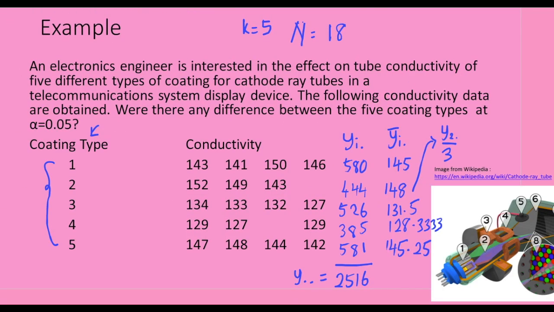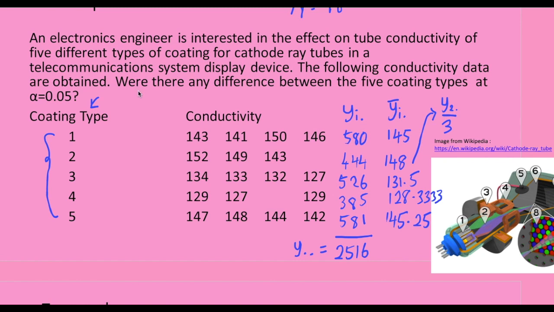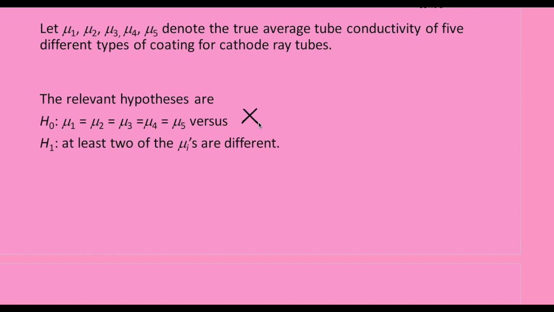But let's look at the example if there are any questions that need to be answered. Here it goes. Was there any difference between the 5 coating types at alpha 0.05? Since we rejected the null hypothesis, at least 2 of the means are different.